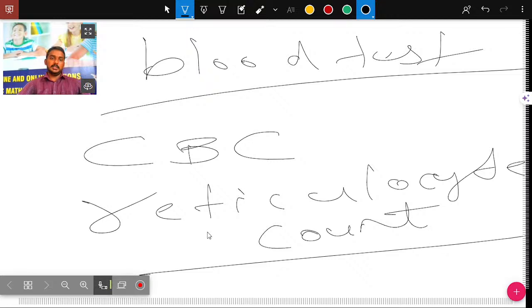Just now I found that a CBC with reticulocyte count is a commonly prescribed blood test that can help doctors diagnose different types of anemia, see how your bone marrow is functioning, and help monitor health progress after a patient undergoes severe treatments like radiation therapy or chemotherapy. I am just reading from the internet. These therapies, they want to see how the bone marrow is functioning, maybe in certain diseases like bone marrow tumors.